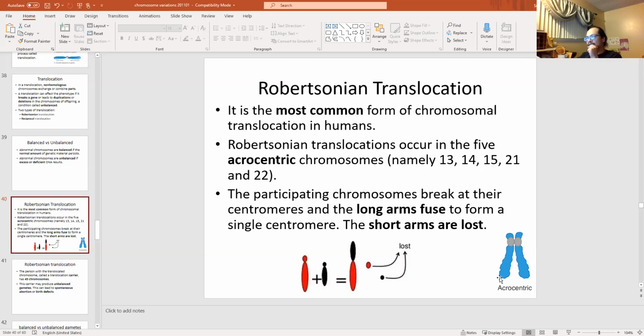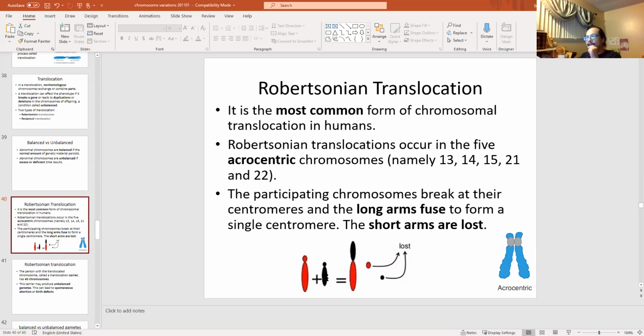What happens is that two non-homologous chromosomes have a breakage in the centromere. When they break, the two ends get sticky together.